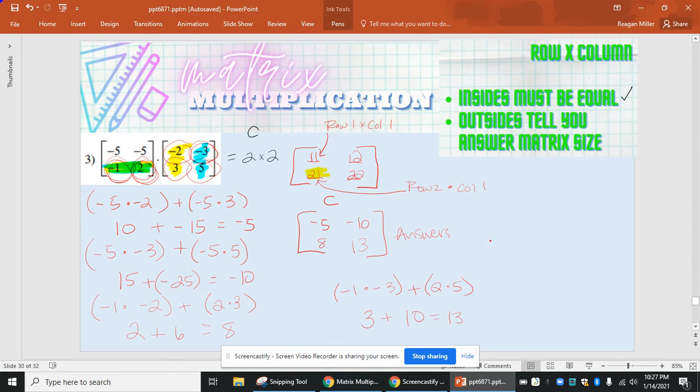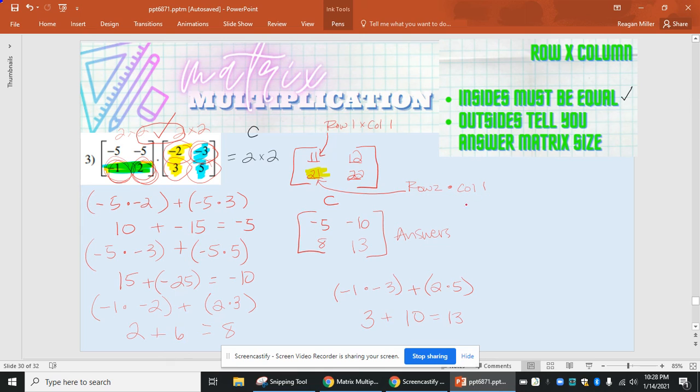Just as a review, what you're going to do is make sure that the insides must be equal when you're multiplying. So here we have a 2 by 2 matrix and a 2 by 2 matrix. So because these two inside numbers are the same, I can multiply them. Okay. If they did not match, then it would be like an invalid or not possible set of matrices to multiply.